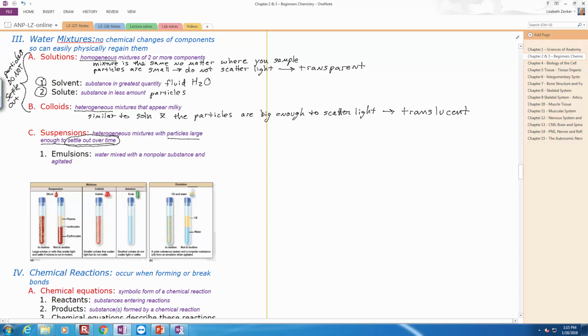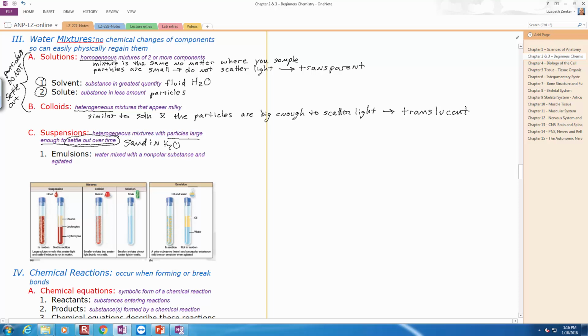Okay. So a suspension, you could think of this as like sand and water. Another suspension that will make more sense to you guys is blood. So when you first take blood out of somebody in the tube, it kind of looks like it's one solution, right? But if you leave it sitting out over time, it starts to separate.